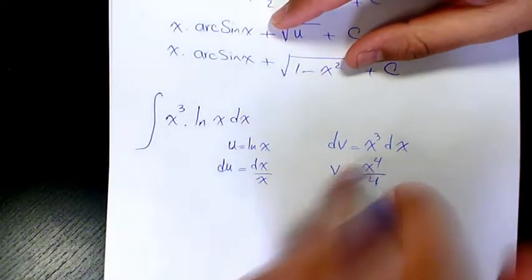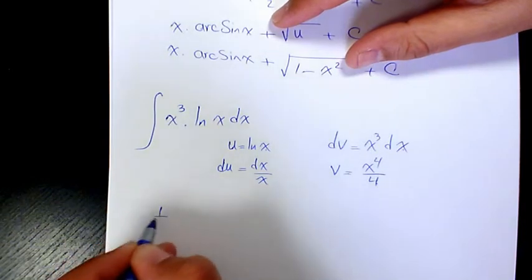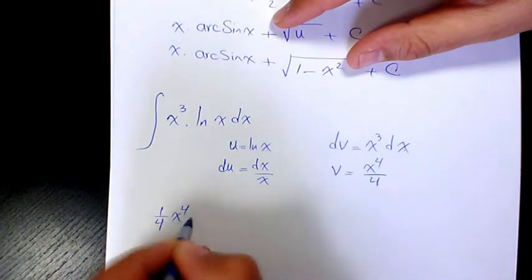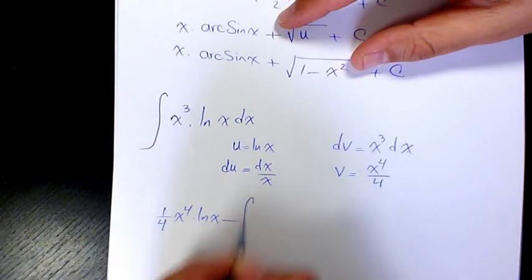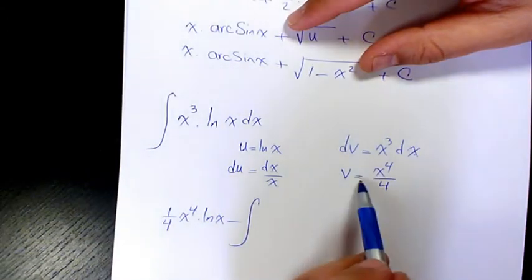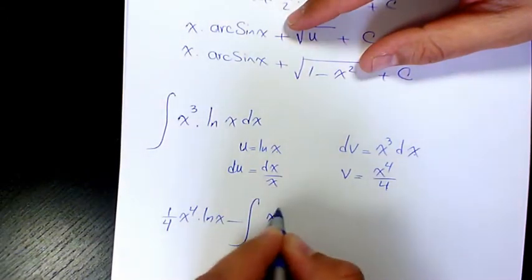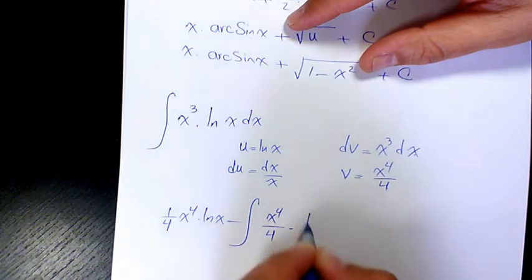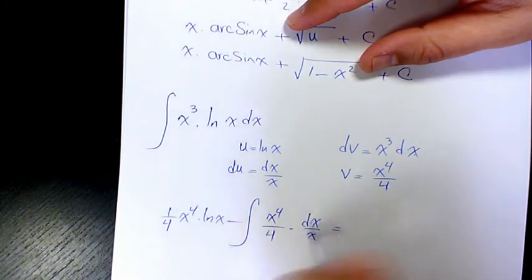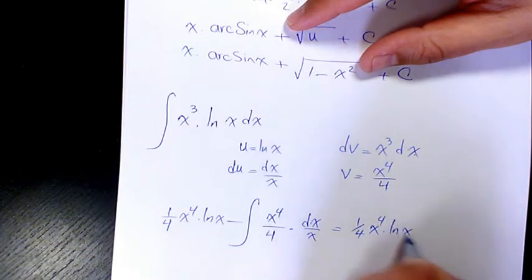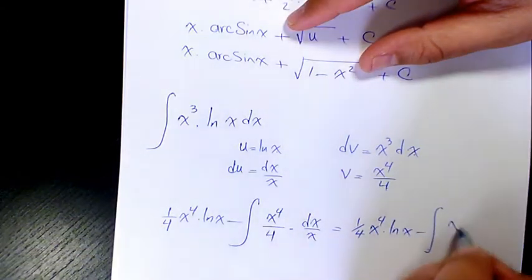So u times v is going to be 1 over 4 x to the power 4 ln x minus v du. So x to the power 4 over 4 times dx over x. So that's going to be 1 over 4 x to the power 4 ln x minus x to the power of 3 over 4.